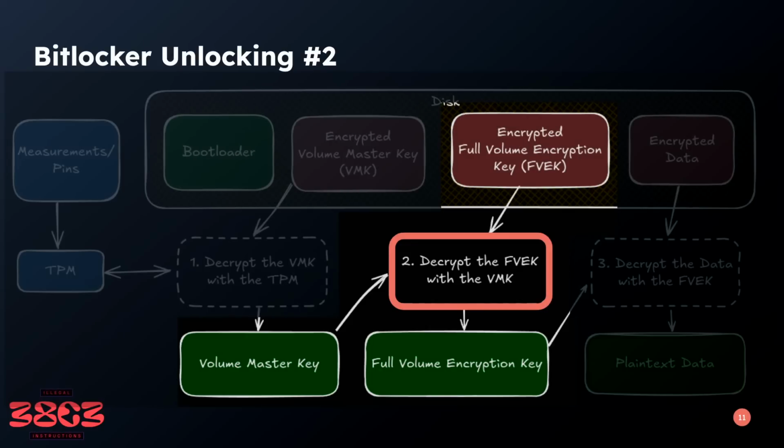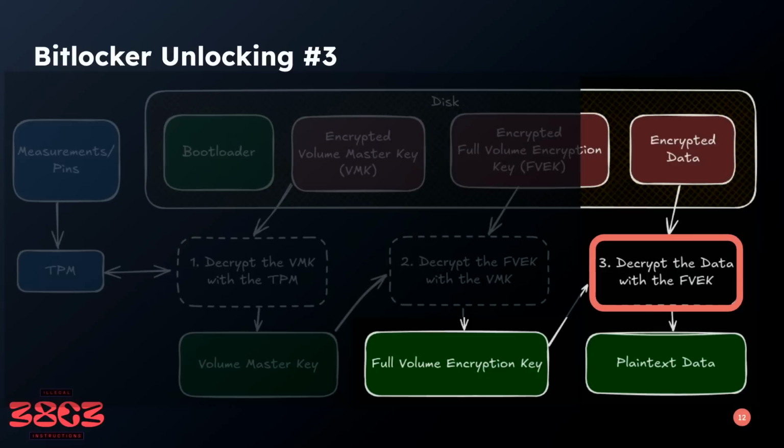And the full volume encryption key in turn can read all the data. The full volume encryption key just stays in memory, the volume master key likely as well, and on demand, whenever some process or file wants to read or write, the encryption and decryption is done dynamically in the background.